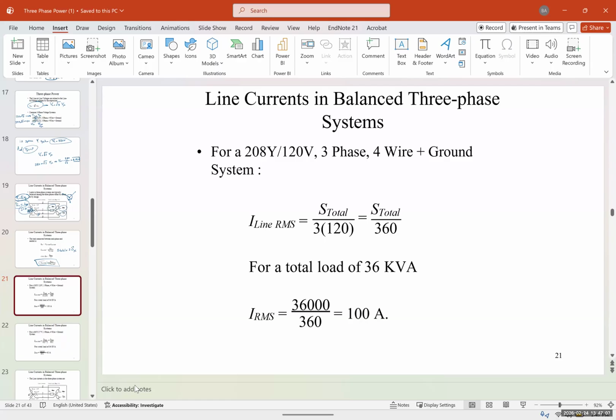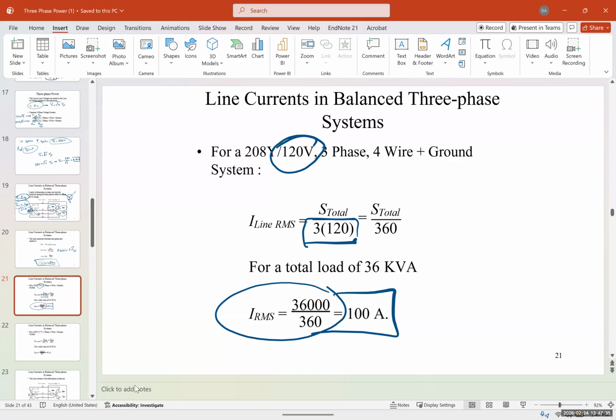So this is 36 kilovolt amps, or 36,000 volt amps, divided by 3 times the voltage of each phase. And what is the voltage of each phase? It's 120. So 36,000 over 360, because it's 3 times 120, gives us 100 amps. Now, in a Y-connected system, I line is equal to I phase. So if the question asks for I line, it would also be equal to 100 amps.